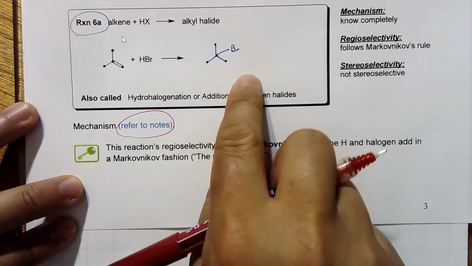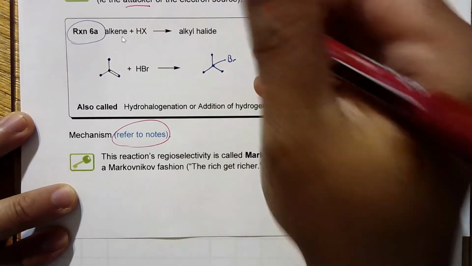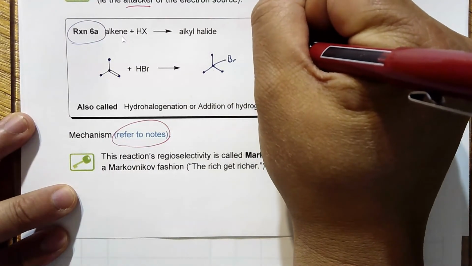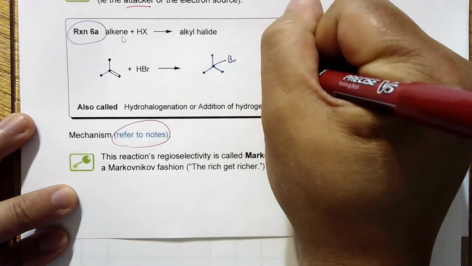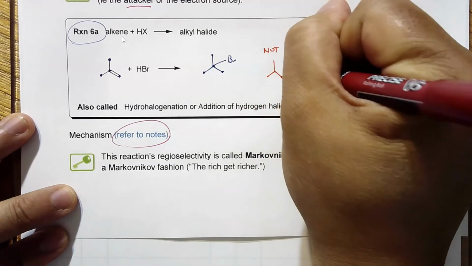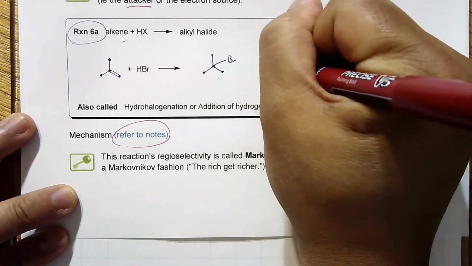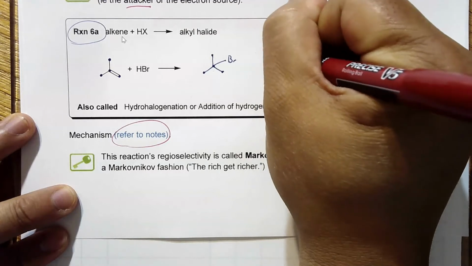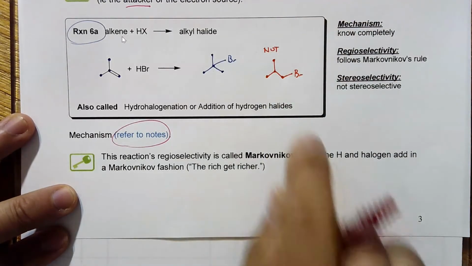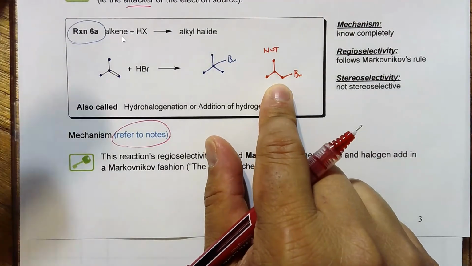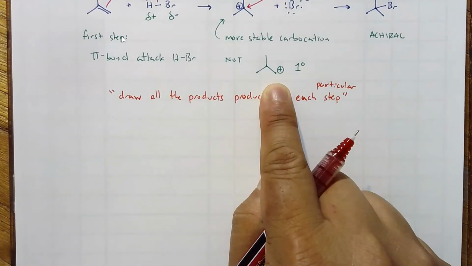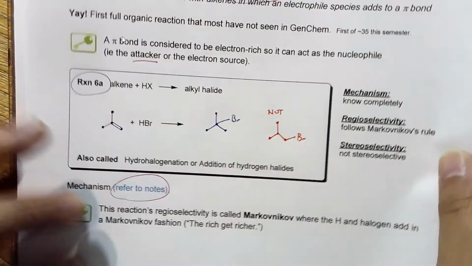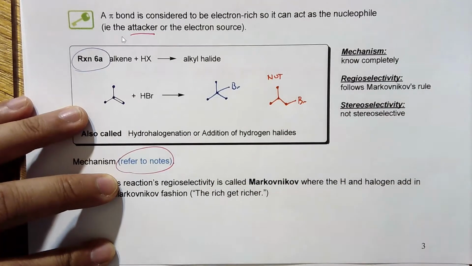The other thing I could put here, not as an answer but as a reminder since we're first learning this reaction, is that we don't get the constitutional isomer with the Br on the other carbon. That is a possibility, but we've rejected it because it comes from the less stable primary carbocation right there.